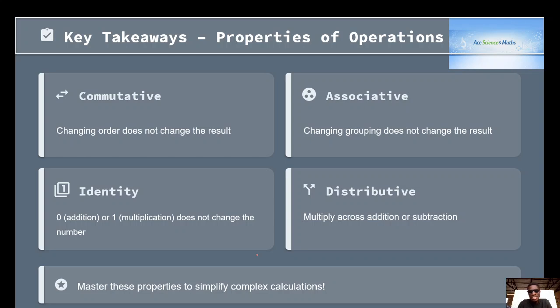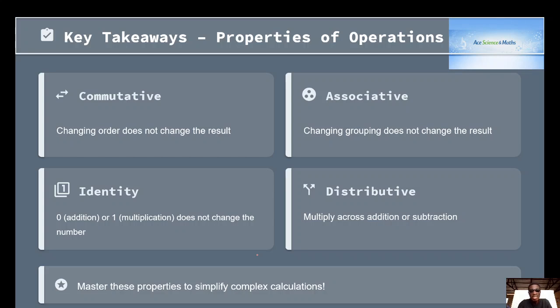So learners, in part 3, we'll be applying all these properties step by step in some examples of mixed operations, both with numbers and with variables. So try as much as possible to watch part 3 for further understanding as we solve more examples.